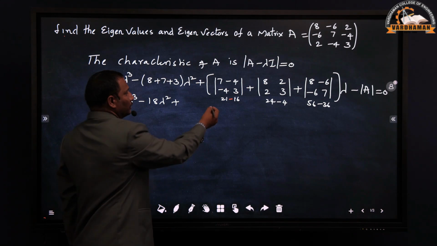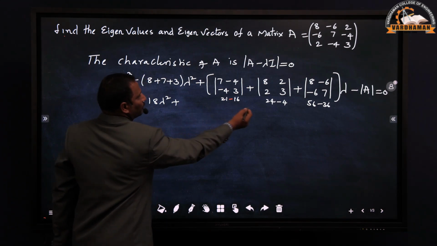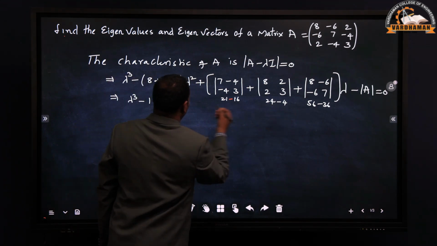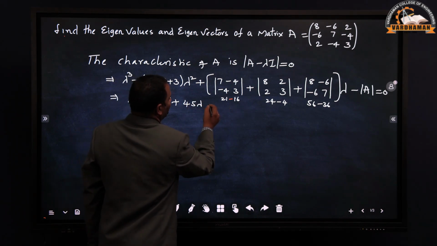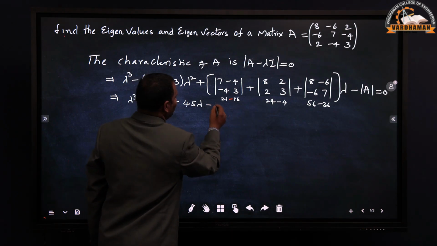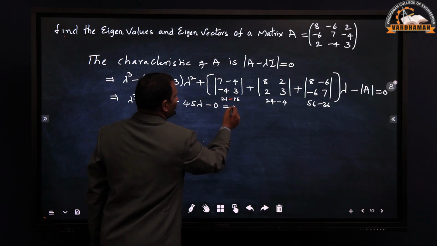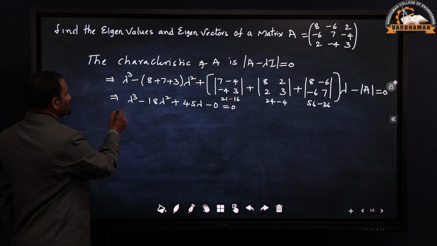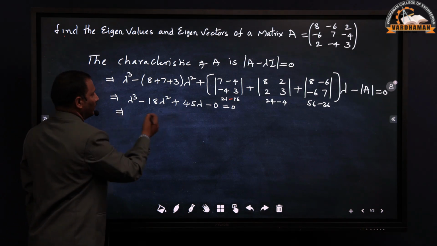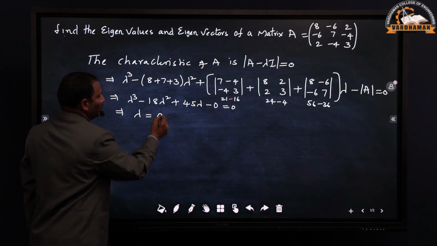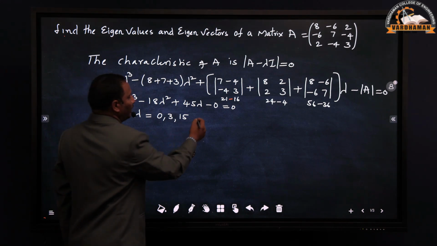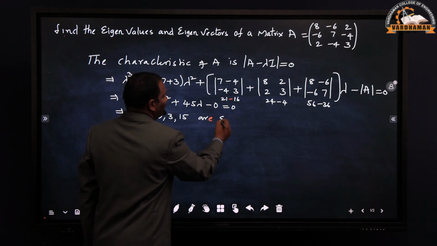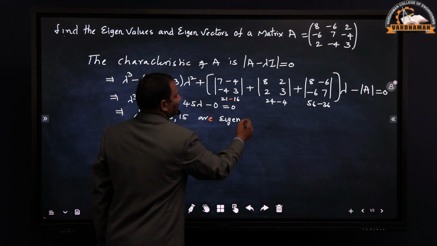So this is 21 minus 16 plus 20 plus 20, so the total is 45 lambda, and here we get the determinant value as 0, which equals 0. Now find the eigenvalues. The eigenvalues are obtained as 0, 3 and 15. These lambda values are called the eigenvalues of the given matrix.